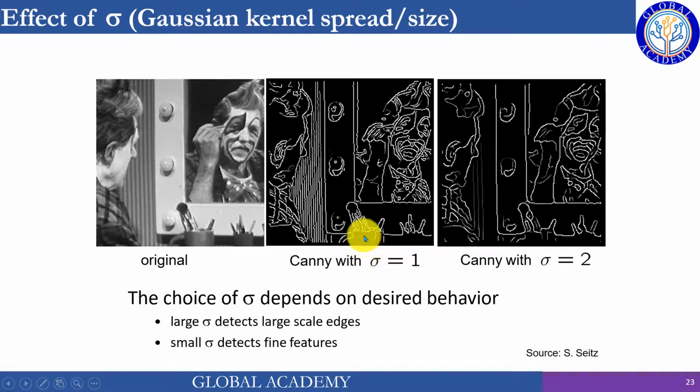Some images have very sharp edges and no clutter, or no objects we do not have any interest in, and then smaller sigma is better. So we can say that large sigma detects large scale edges and small sigma detects fine features, like smaller edges or small objects.